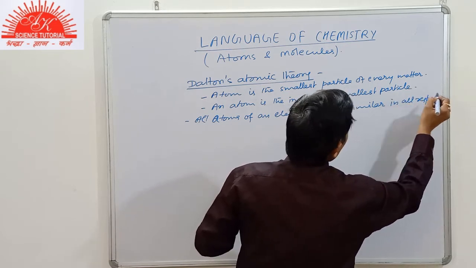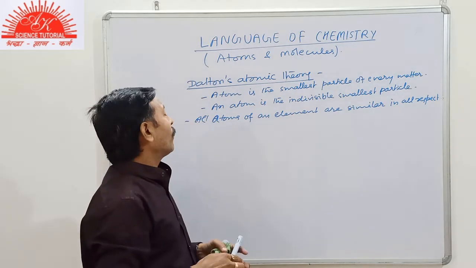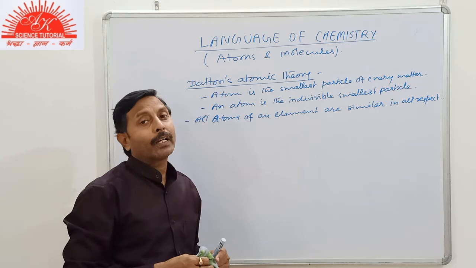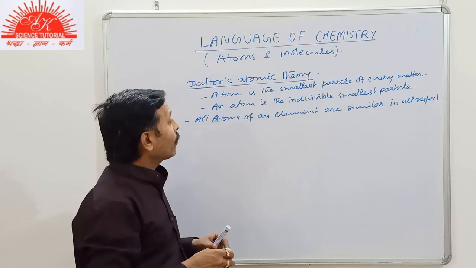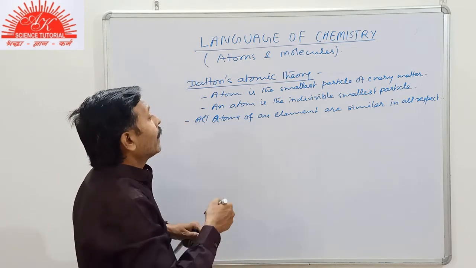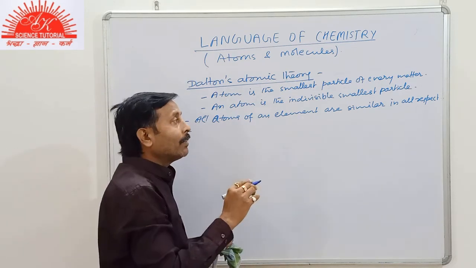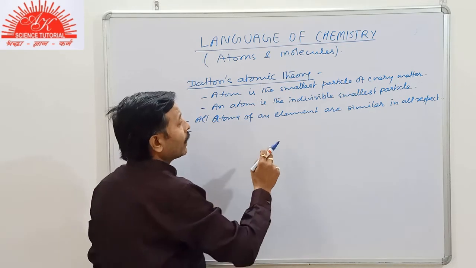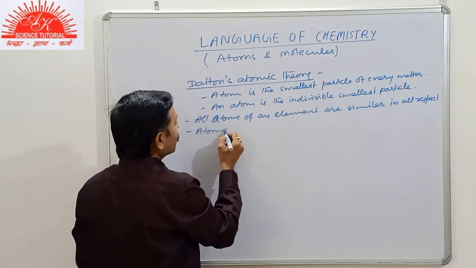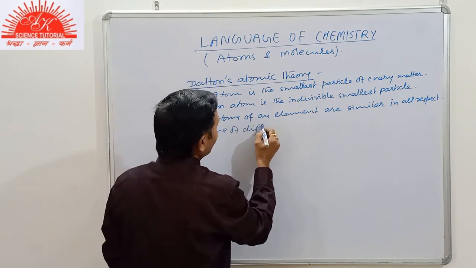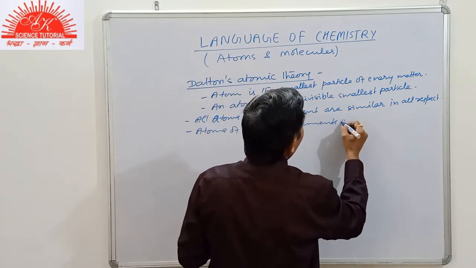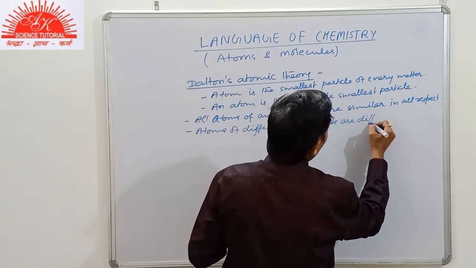But as we know, atoms of isotopes are atoms of the same element but have different mass numbers, so they are not similar in all respects. So the discovery of isotopes shows that atoms of the same element may differ in their mass. Atoms of different elements are different in all respects.